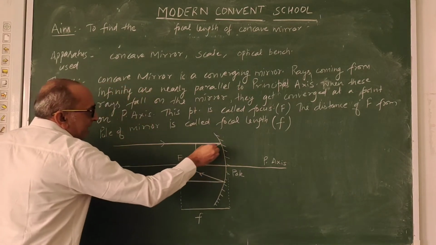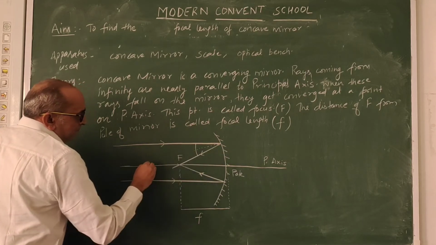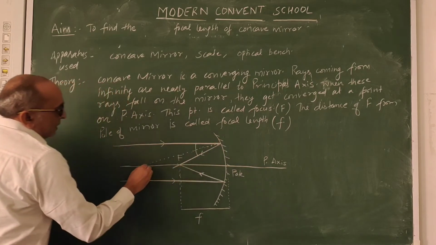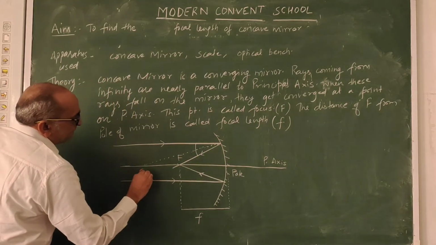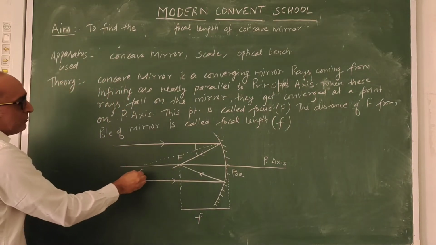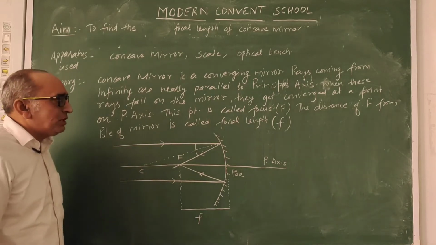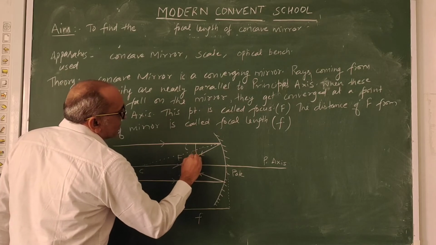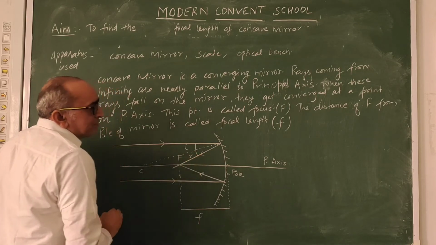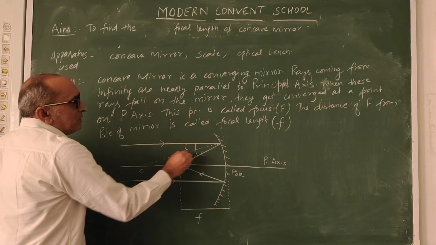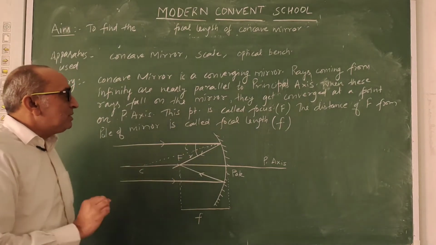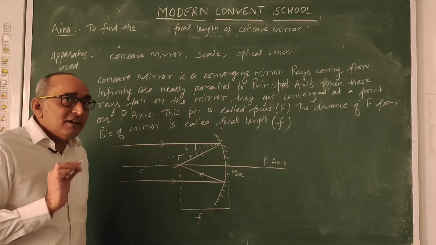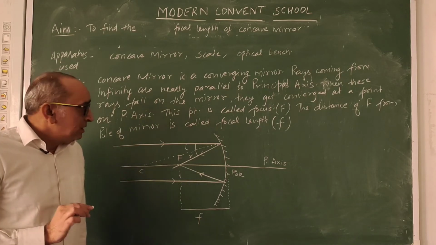It will be somewhat like this. And this normal will pass through this point which is called the center of curvature. Here this is angle I and this is angle R. And the second law tells you that angle I is equal to angle R. So these laws are always followed whenever there is a reflection involved.